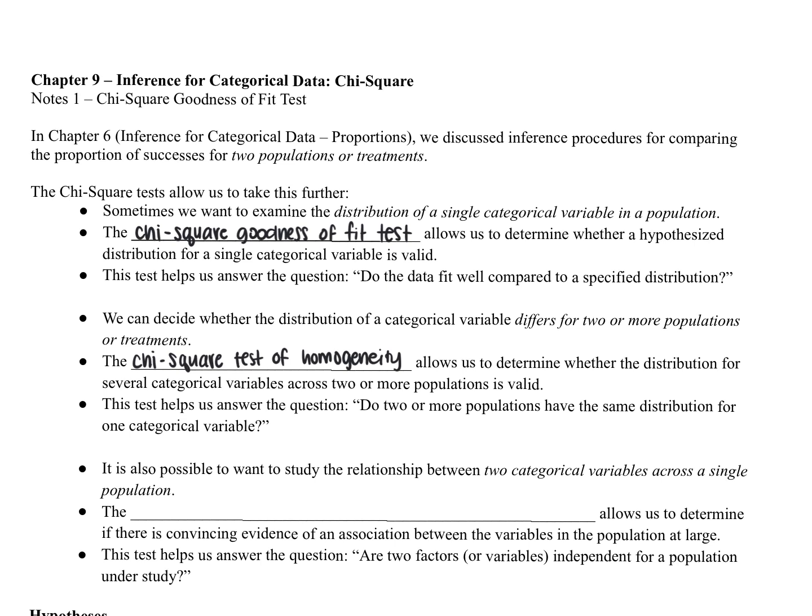In our last section, we are going to study the relationship between 2 categorical variables across a single distribution.